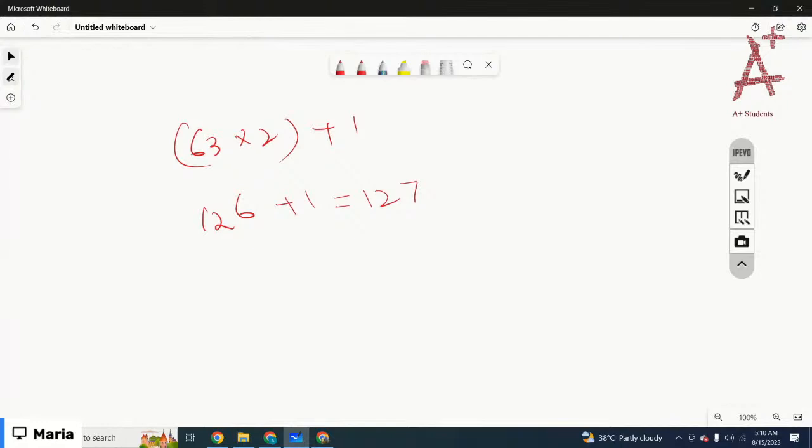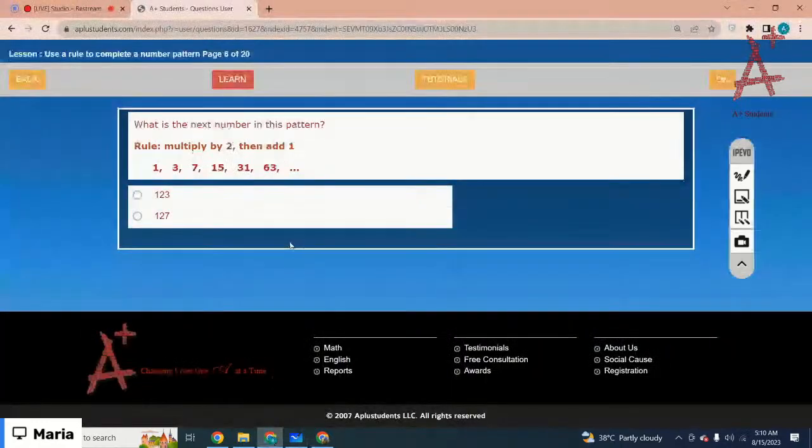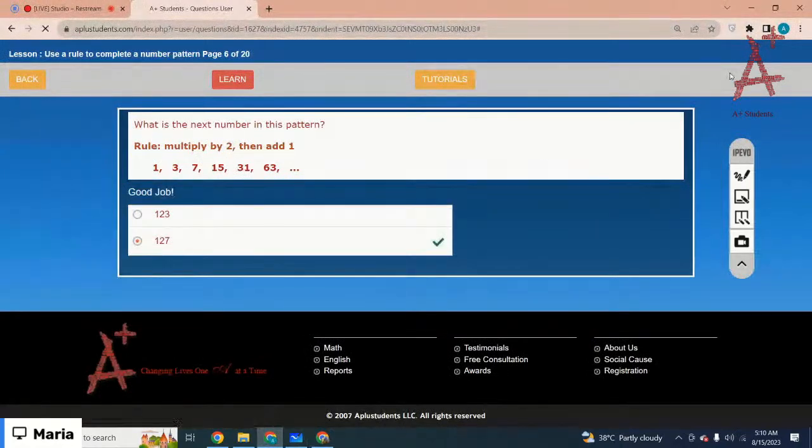So the correct option is 127. Just select the correct option and then click on the OK button.